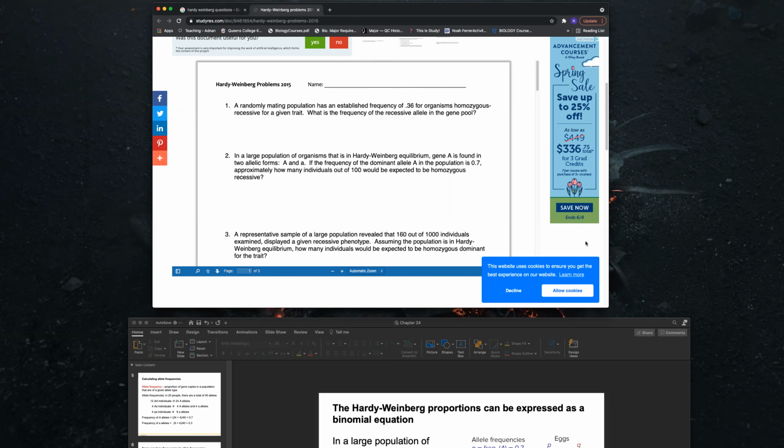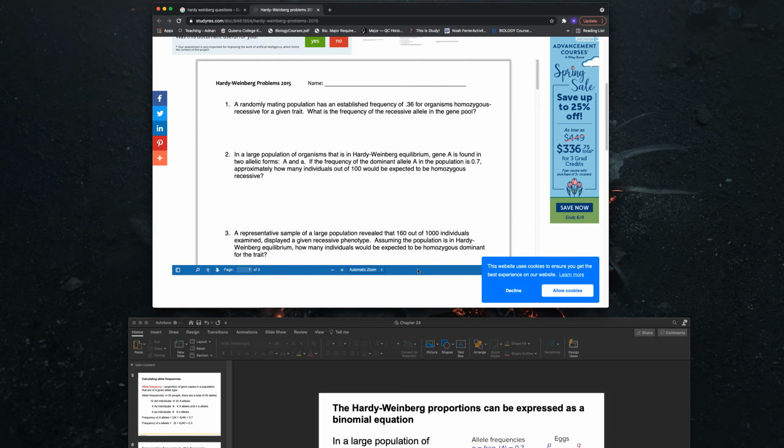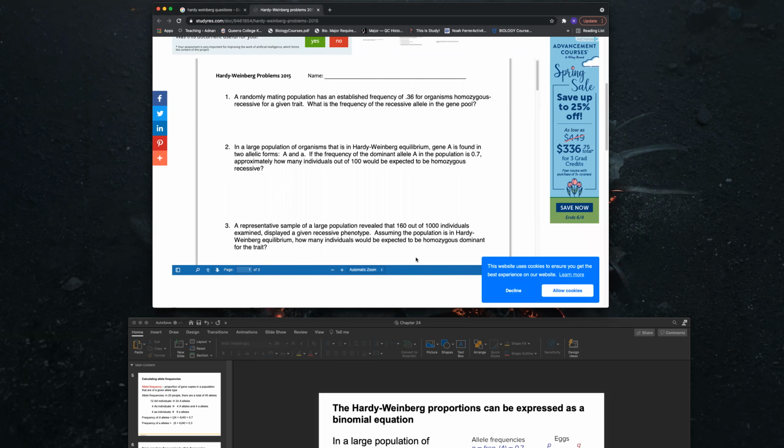Exactly. And then what's the frequency of the dominant allele? 0.30? Oh, no. What do I do to find the dominant then? So you found Q, right? So P is just whatever is left after Q. Like it's 64, right?